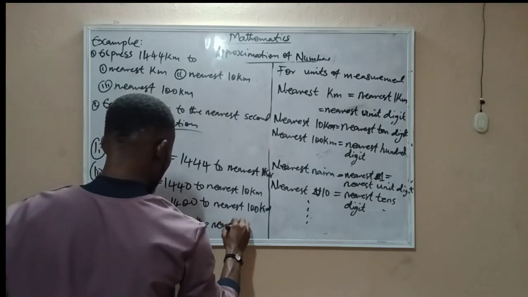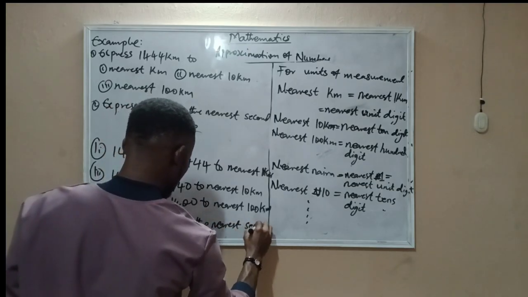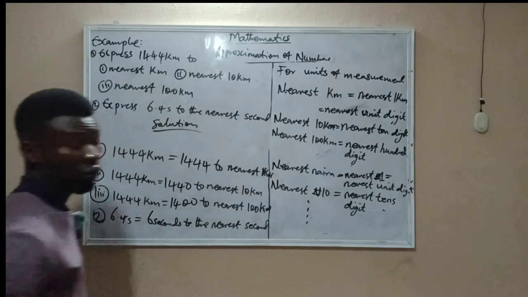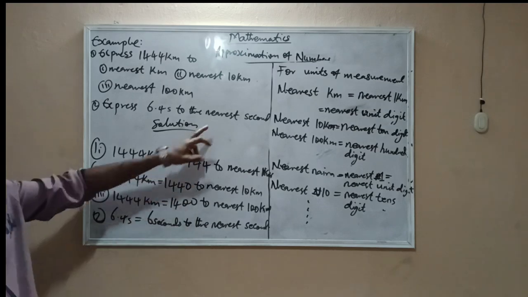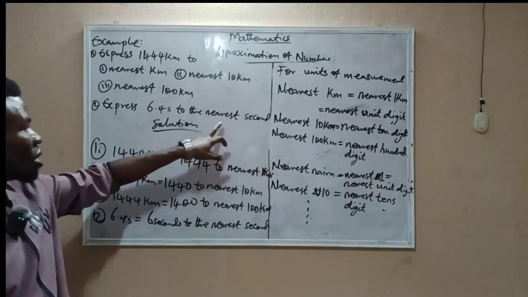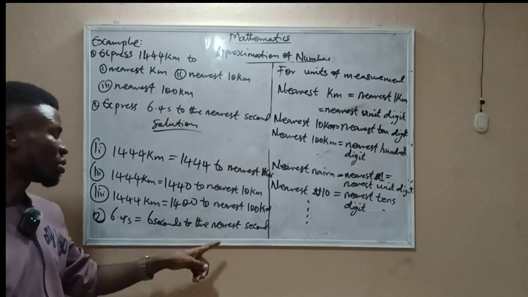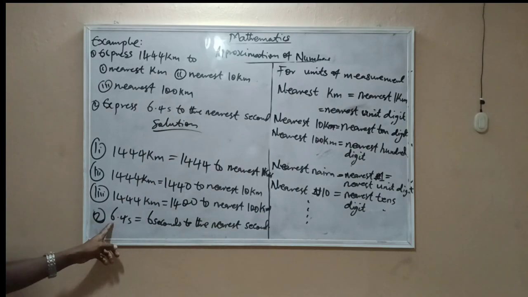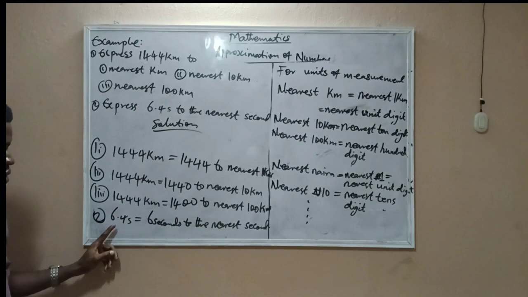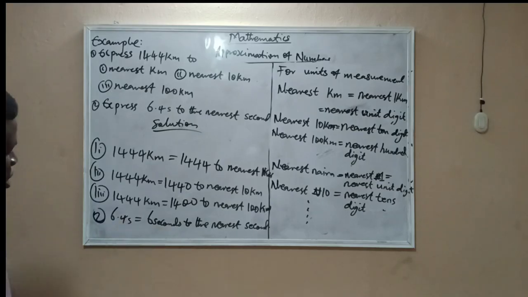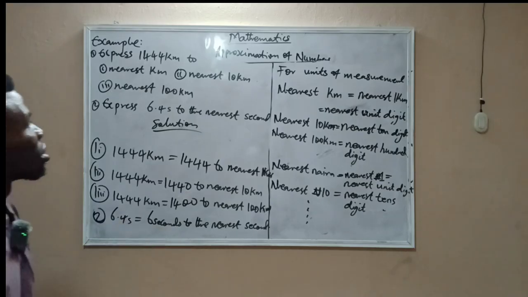Of course, to the nearest second is to the nearest 1 second, and that is to the nearest unit digit. The only unit digit we have here is 6. So 6.0, which is 6 to the nearest second.